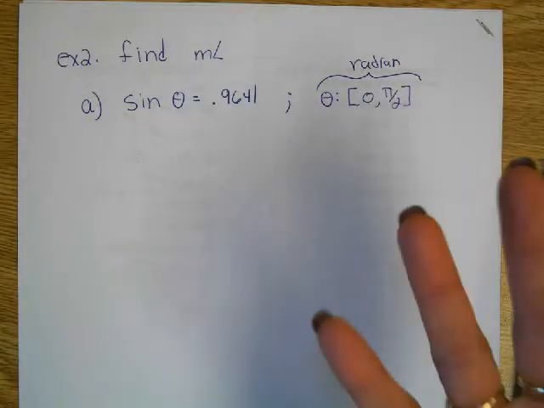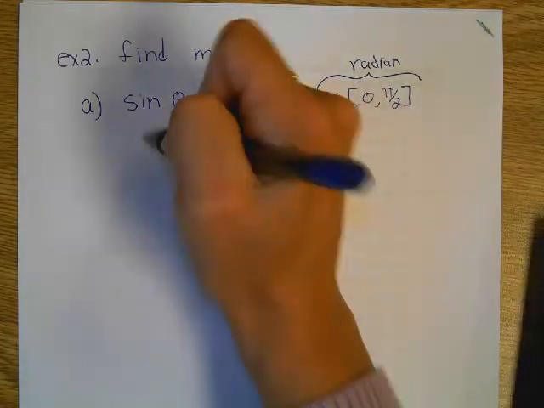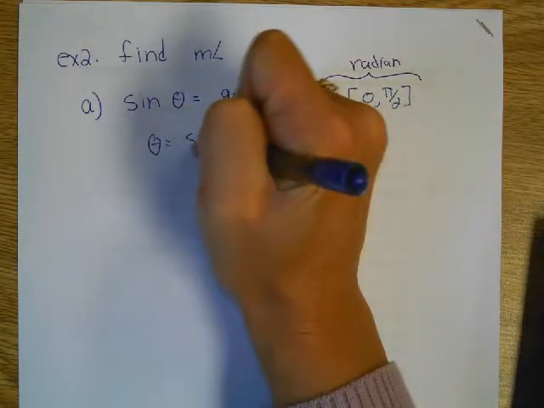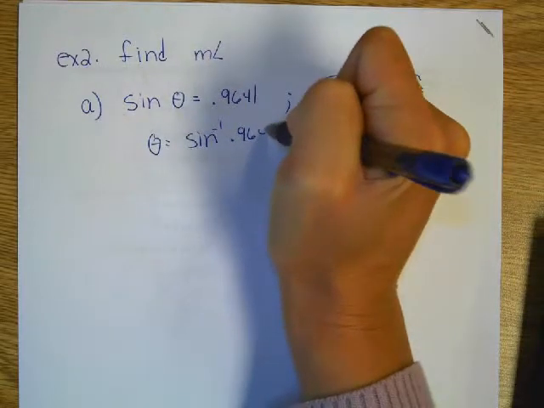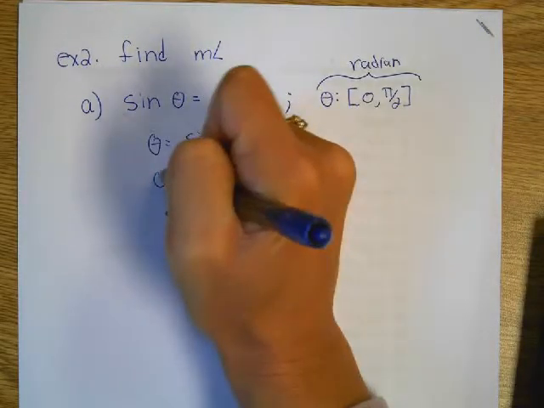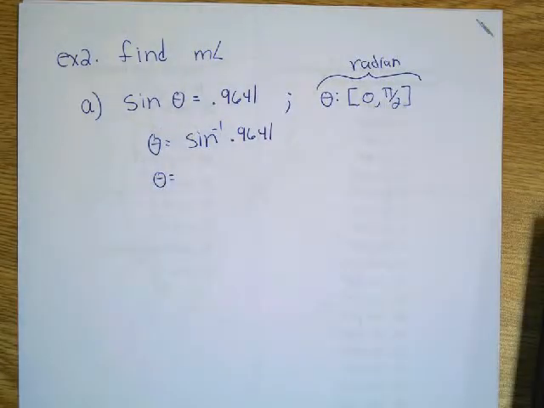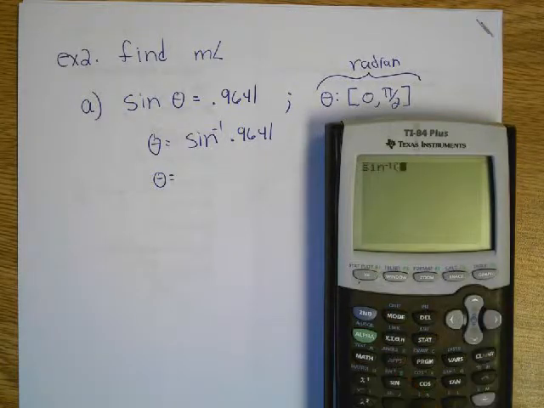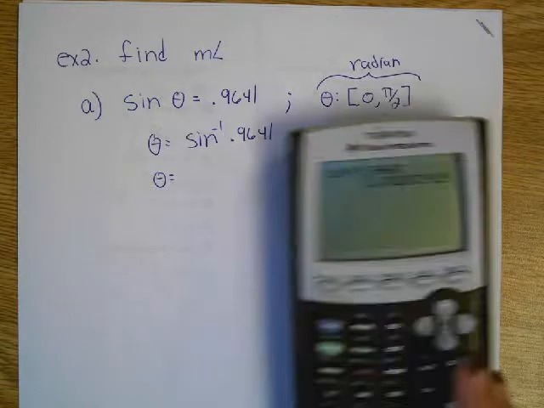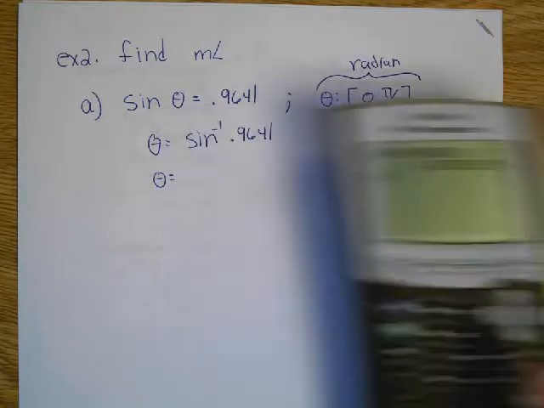Now it's just like we did before, in radian mode, which I think we still are, you use those inverse buttons. I believe they go out 2 decimal places on angles. If you do an inverse sine of 0.9641, I got 1.30.